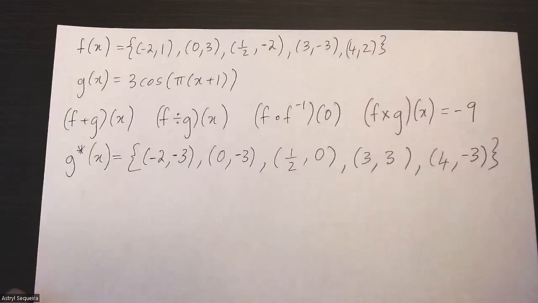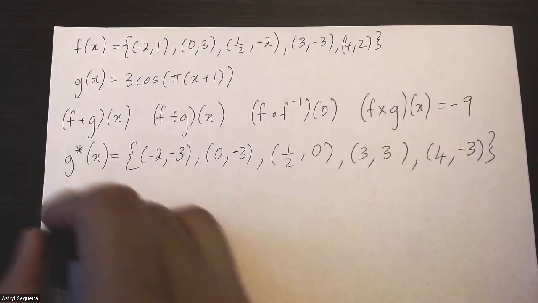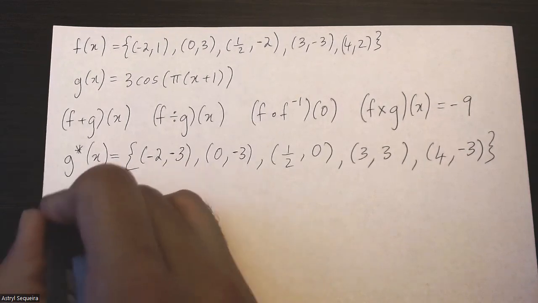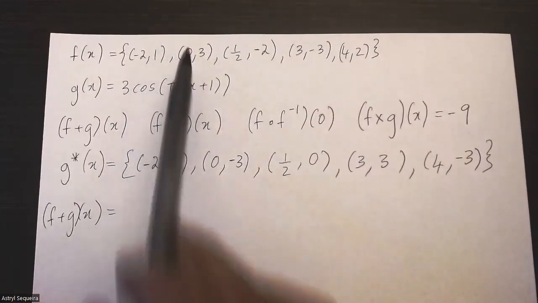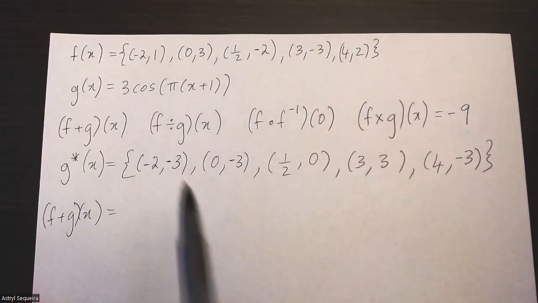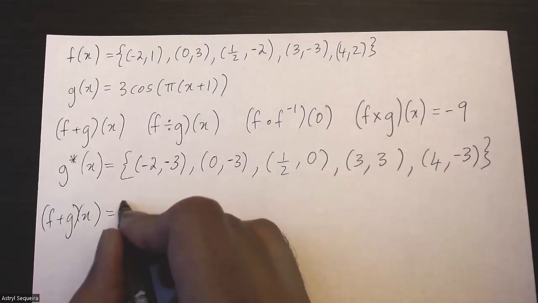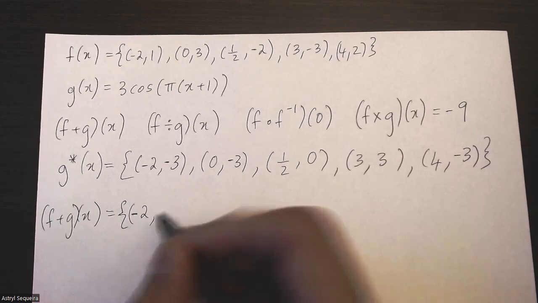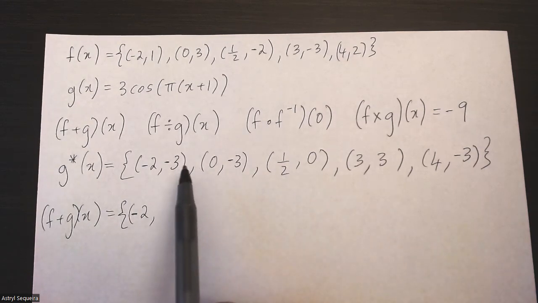So now I can do the addition operation f plus g of x. So f plus g of x is just going to equal, I just have to add these two sets of points over here. Remember, you don't add the x values. The x values stay exactly the same. You only add the y values.